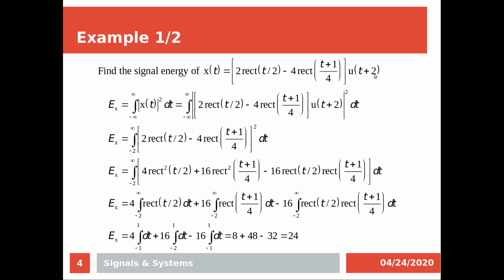T plus 2 means that the signal is shifted. The new t is equal to the old t plus 2, so the old t will be t minus 2. So it is shifted in the minus direction by 2. So just take 1 to infinity and shift it in minus.